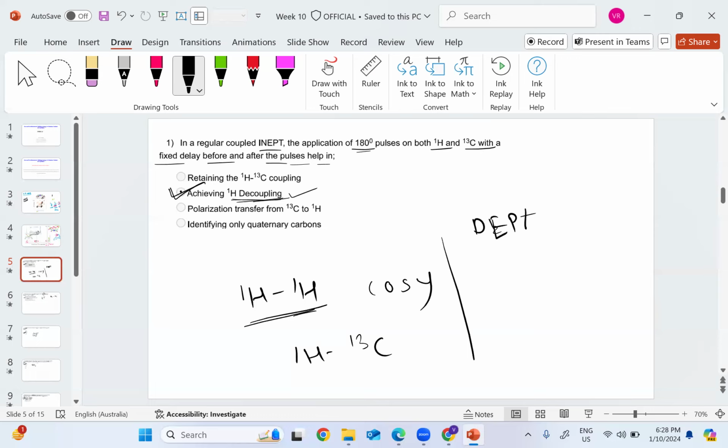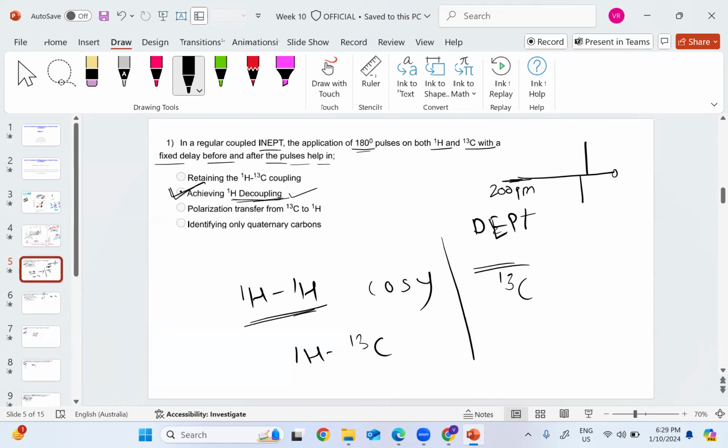DEPT is not much different from 13C. Only in DEPT there will be signals in the negative direction. If you look at DEPT 135, there will be signals in the negative direction and some signals in the positive direction, from 0 to, let's say, about 200 ppm.